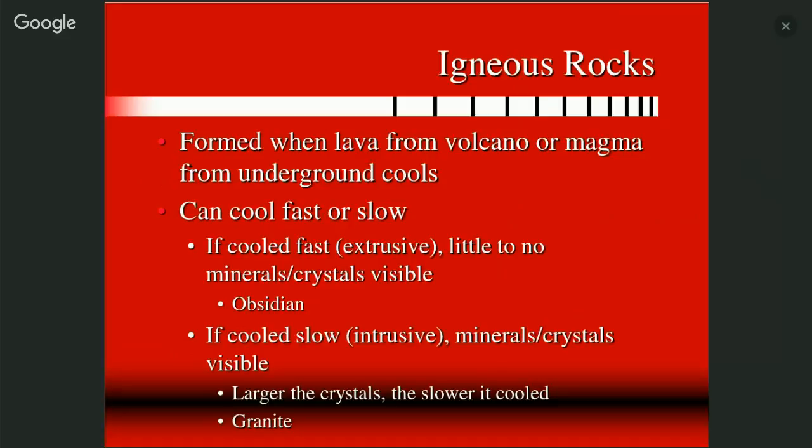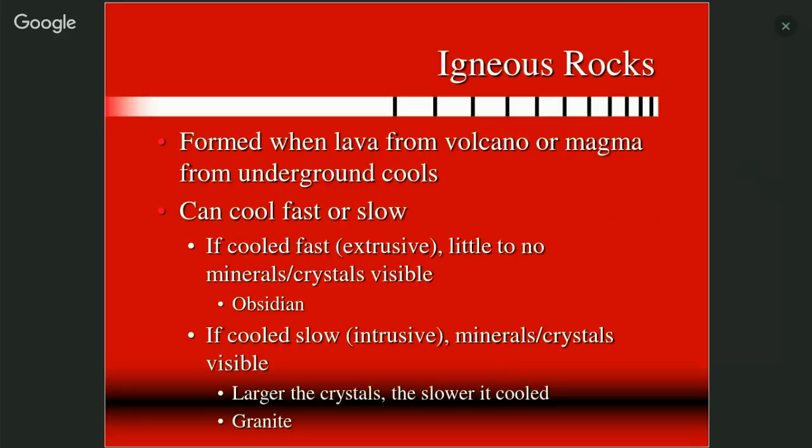So they can cool fast or slowly, and this is partly how we classify igneous rocks. If they are cooled very, very fast, usually that means they were formed above ground, and we say they're an extrusive igneous rock because they're formed above ground or outside, extrusive.